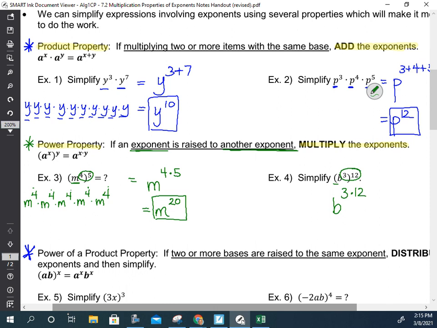What's 3 times 12? 36. I know you don't have time to write that out 12 times. Use the property. Any questions on 3 or 4?